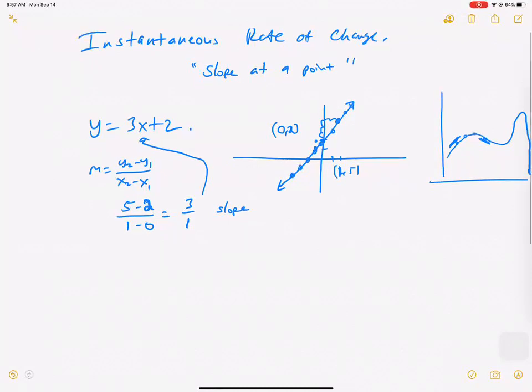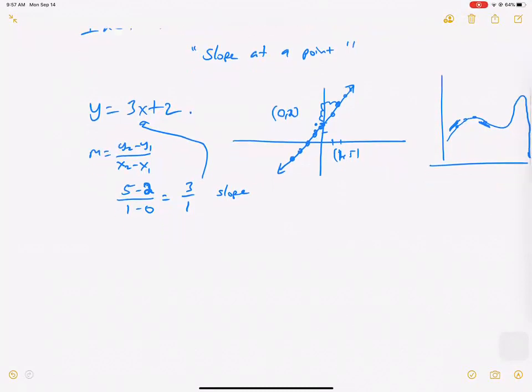So in our last class, we said, what if we switch that to, instead of 2 exact points, we called it this instead, x comma f of x. This is your y value. And our new point would be x plus h with our new y value, f of x plus h.